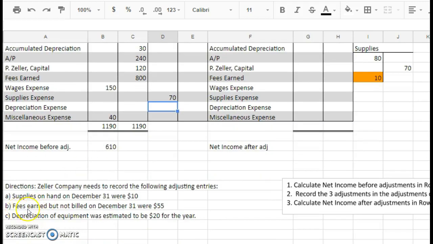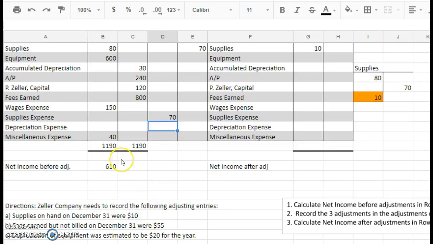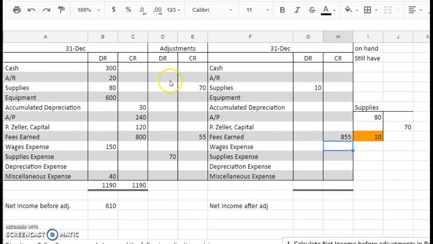So fees earned right now is 800, and we just earned 55 more that's not on the books. So as you can see, our new balance, 800 credit, 55 credit, add them together, and you get 855 for a total now for fees earned. But don't forget, you do have to have a debit and a credit, and if it's earned but not billed, somebody owes us that money that we haven't billed out yet. So that's the other part of the entry.